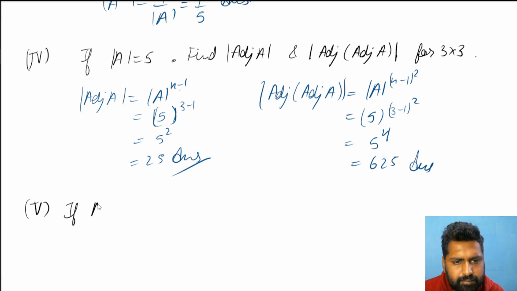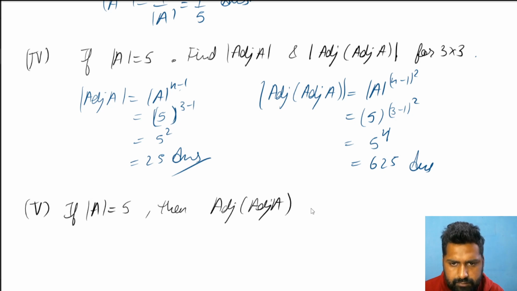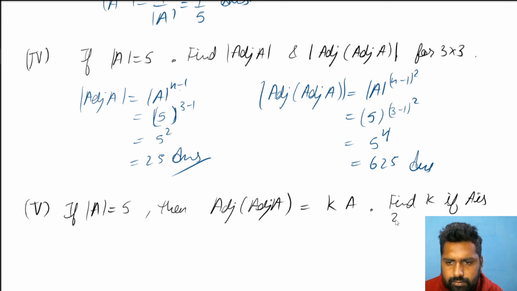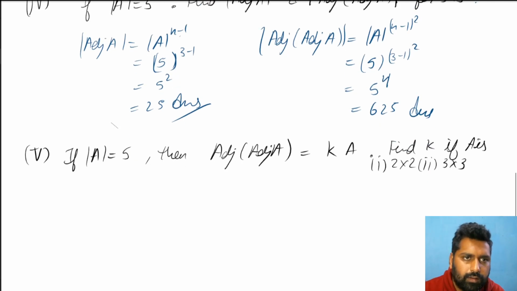So if again same mod A is, let's say 5, then adjoint of adjoint A is equal to let's say k times A. Find k if A is 2 cross 2, first part. Let's do both the parts. Second part, 3 cross 3. Okay. All right.